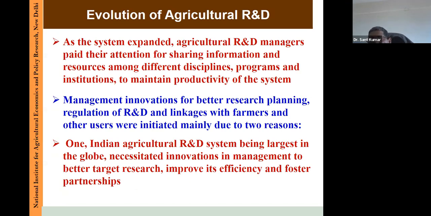Management innovations for better research planning, regulation of R&D, and linkage with farmers and other users were also initiated, mainly for two reasons. One, the Indian agricultural R&D system being the largest in the globe necessitated innovation in management, better targeting of research for improving its efficiency and fostering partnership.